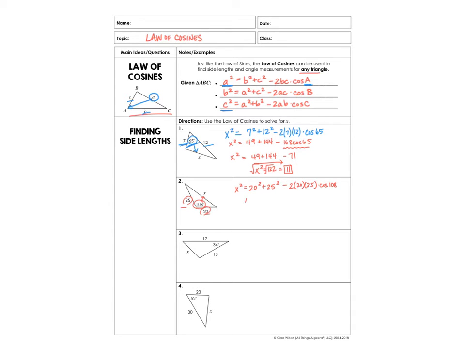Okay, so 20 squared is 400. 25 squared is 625. Now we can multiply 2 times 20 times 25 times the cosine of 108. Let's just do 2 times 20 times 25. It's 1,000 times the cosine of 108.